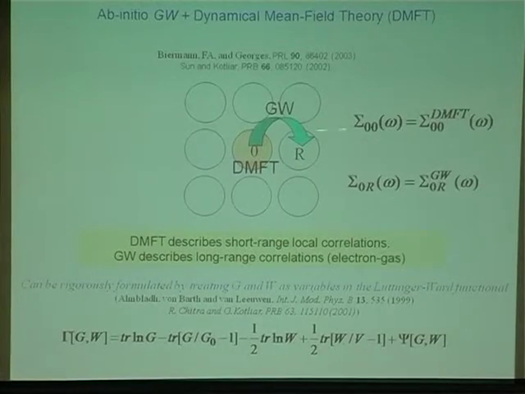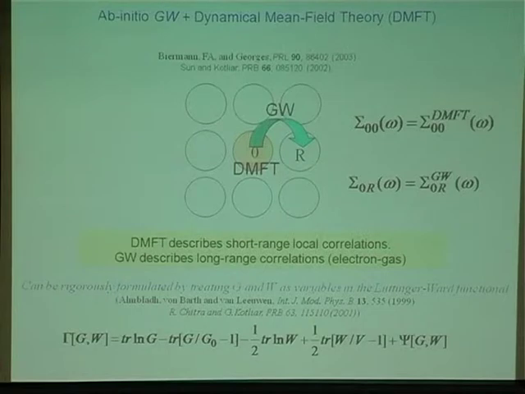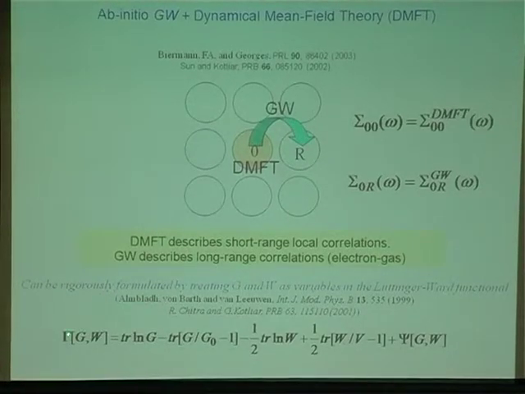We would like to describe this in a more rigorous way. This can be done using a kind of generalization of the Luttinger-Ward functional, where one includes not only the Green's functions, but also the screened interactions in this energy functional.